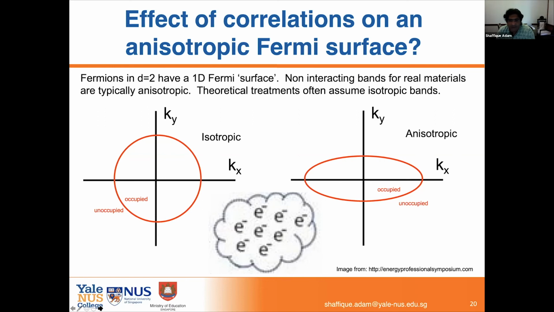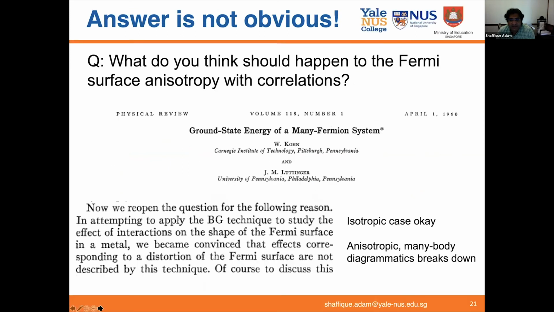And if I had more time, we could walk through different arguments. There are some arguments that might make you believe that it becomes more isotropic, others that make you believe it becomes less isotropic, and some that tell you that the anisotropy should remain the same. In fact, looking through this problem, we were surprised that no one had really addressed it.